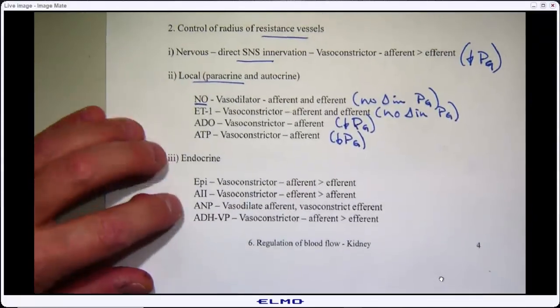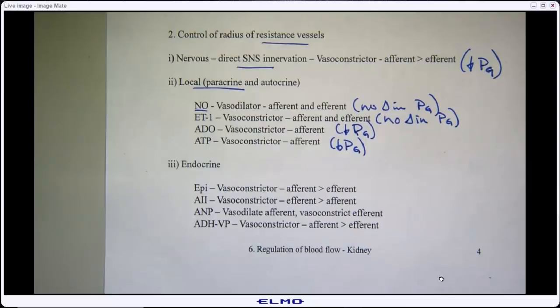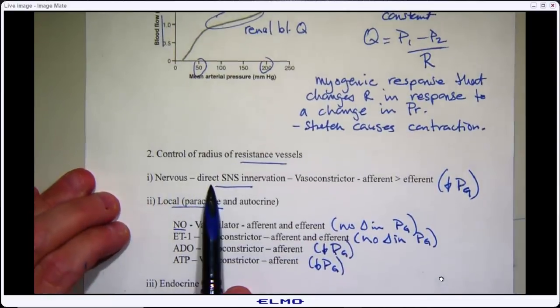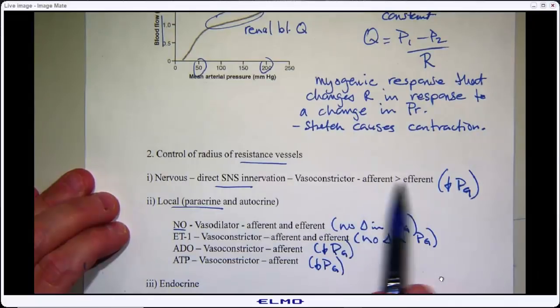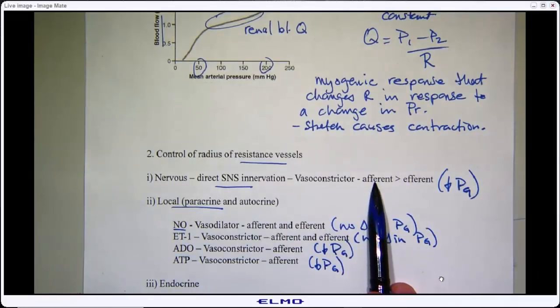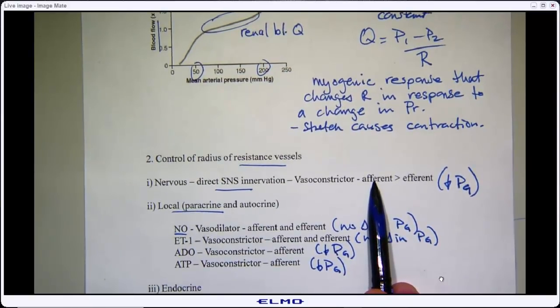There's also endocrine control. Okay, so if we have sympathetic nervous system innervation to the afferents greater than efferents, then you know there's an adrenergic membrane receptor population sitting there, right? So now when the sympathetic nervous system goes to the adrenal glands to release epinephrine, that hormone is going to wander around in the bloodstream and find that membrane receptor population, right?